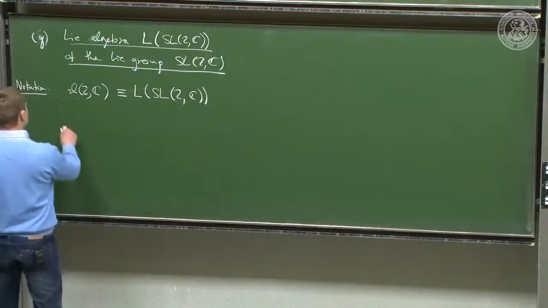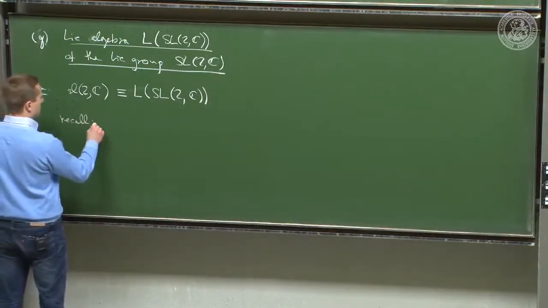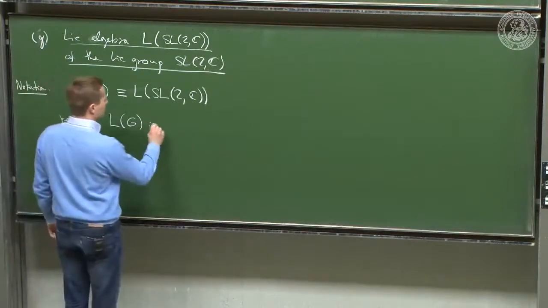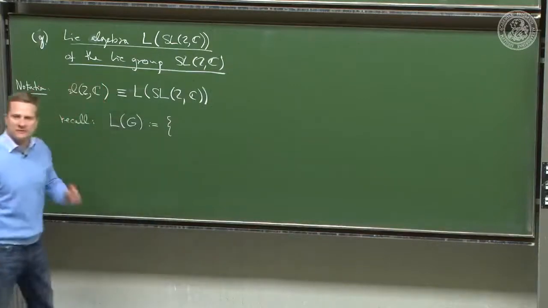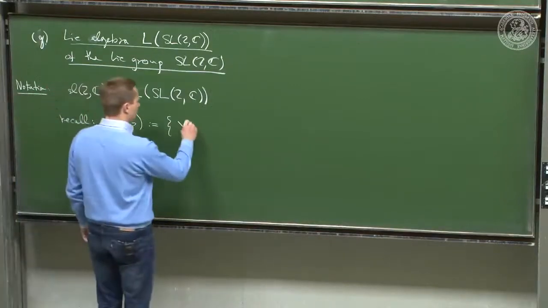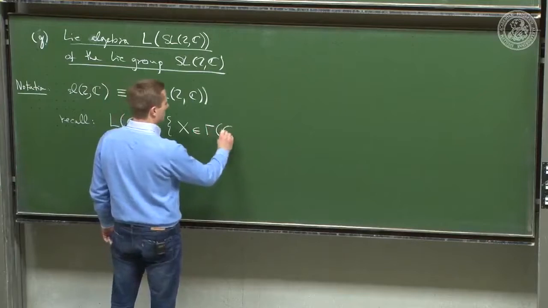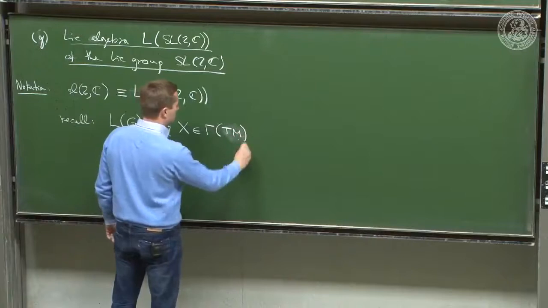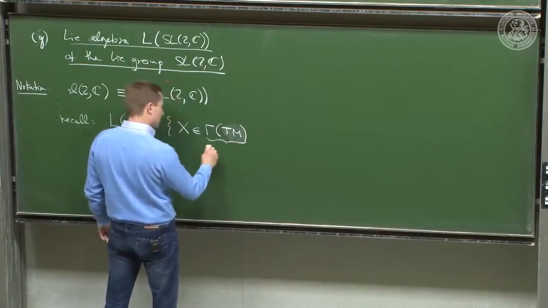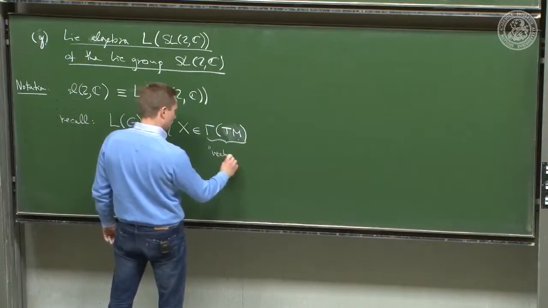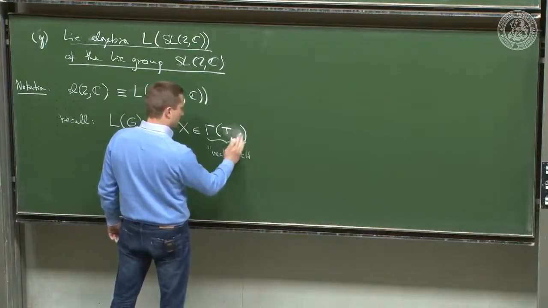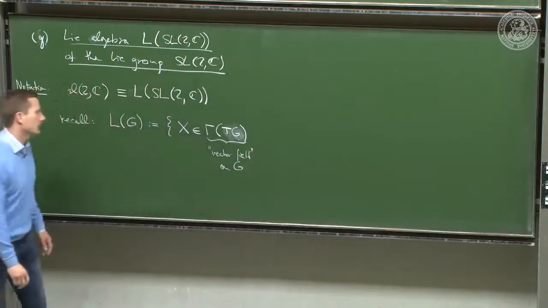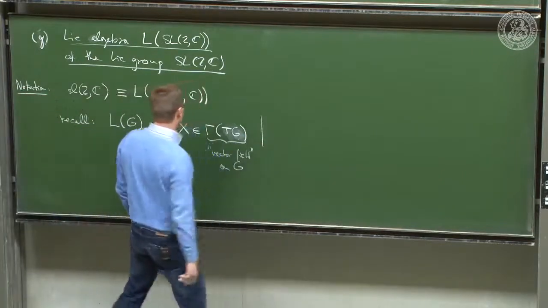Well, recall that the Lie algebra of a Lie group, as a set, was the set of all left invariant vector fields. So X was a vector field on the group G, a section of the tangent bundle, that was left invariant.